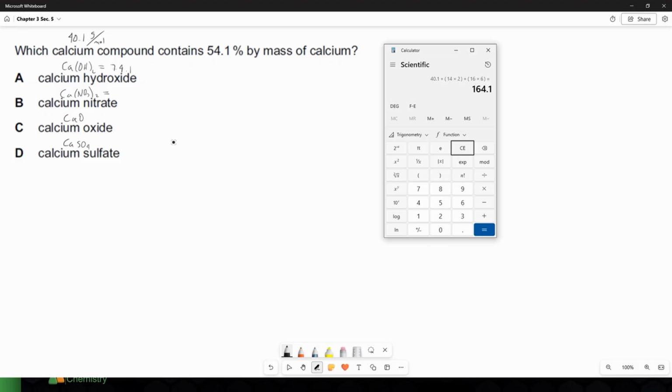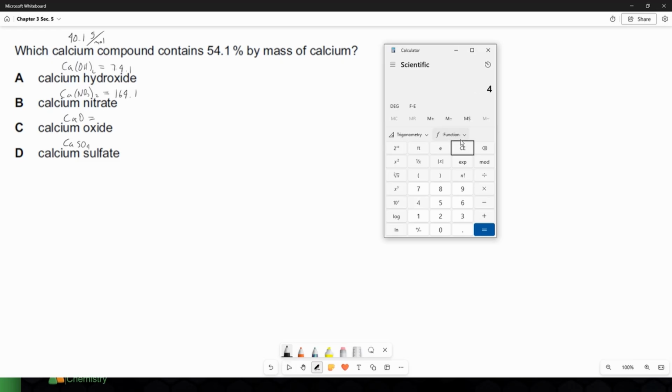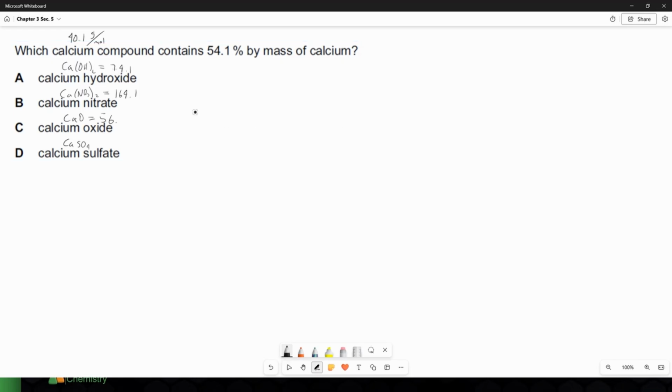So here we have the molar mass of calcium nitrate, like it was in our previous questions, 164.1. Next is calcium oxide, which is much easier because we just have calcium, which again is 40.1, plus oxygen, which is 16, is 56.1.